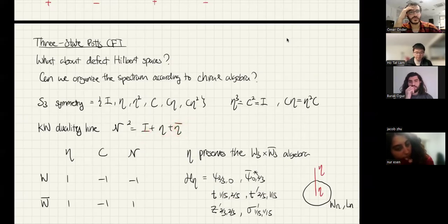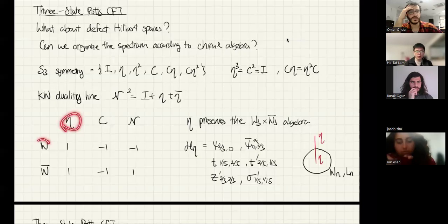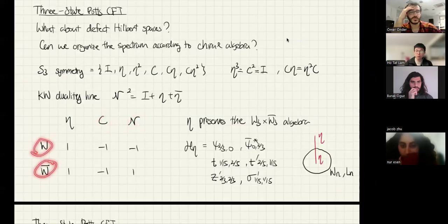Okay. So now we can ask how these topological lines, for example eta, C and N, interact with the chiral operators or the anti-chiral operators. It turns out that eta acts trivially on W and W bar. C flips them by a sign, and N acts non-trivially on W, but acts trivially on W bar. And this has important consequences.